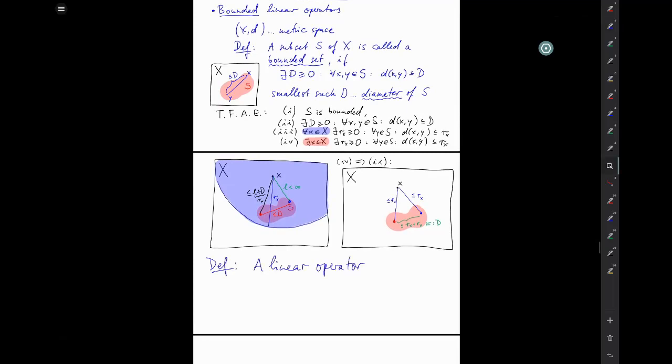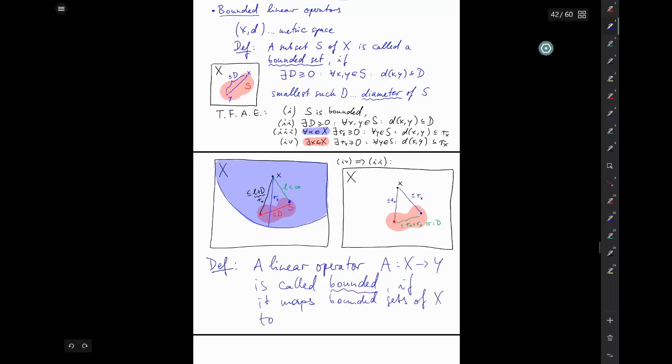A linear operator A from X to Y, I'm going to say in a minute what X and Y have to be, is called bounded if it maps bounded sets of X to bounded sets of Y. So here's the notion of a bounded set that we defined before.